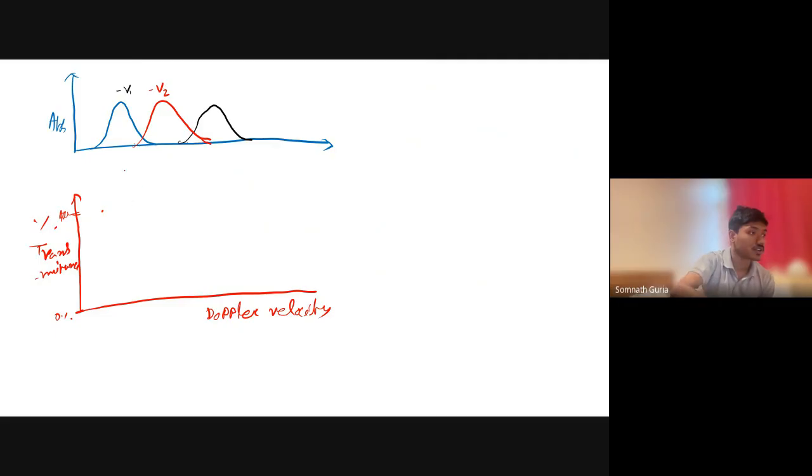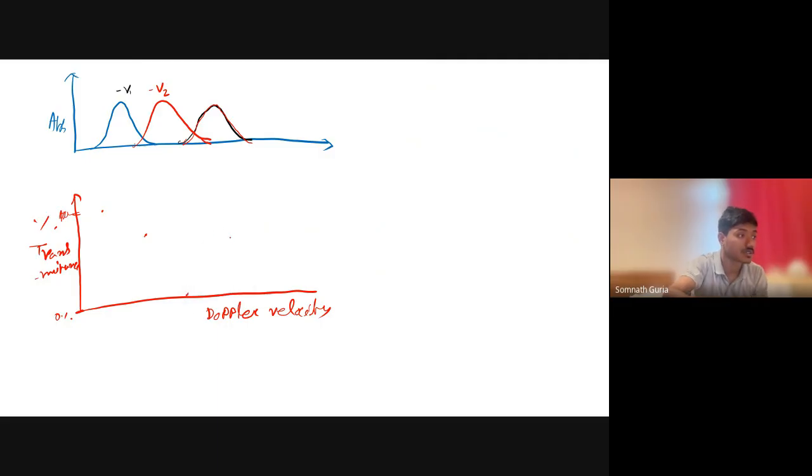When there is another negative Doppler velocity that overlaps over here, we get some transmittance. Then it exactly matches the sample with some velocity, and we get the maximum absorption over here.